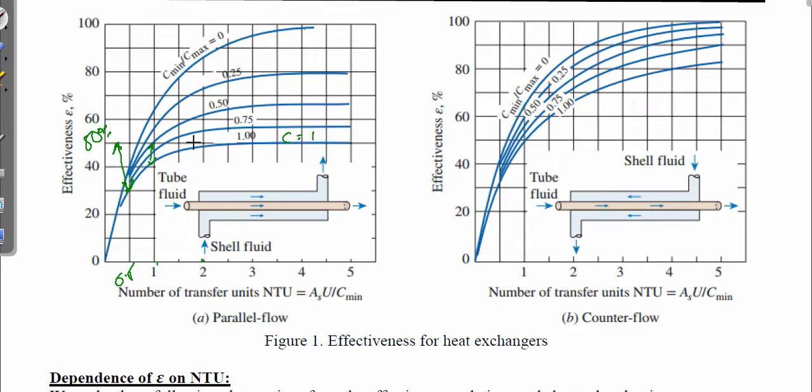If it is increased to 2, we see this much close. So it indicates the closeness of the effectiveness value to the thermodynamic limit of this exchanger. So that is the answer to this question.